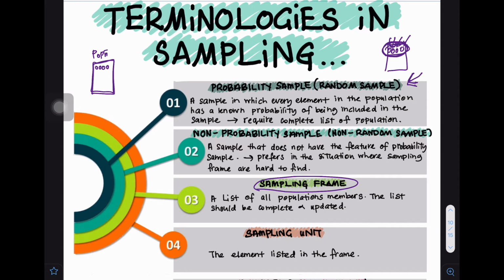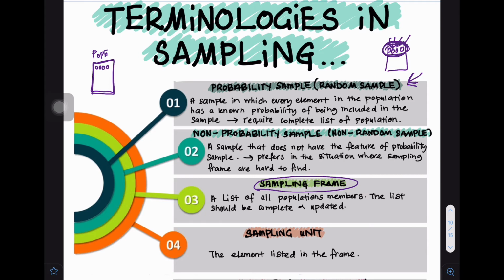Kalau kita kata kita nak kaji penduduk di Jengka 12. So, we need to have all the names of penduduk di Jengka 12. We cannot tertinggal satu pun. So, all the list of the members of the population, we call it as sampling frame. So, bila sampling frame tu is impossible for us untuk kita dapatkan, so we call the sample tu adalah non-probability sample.